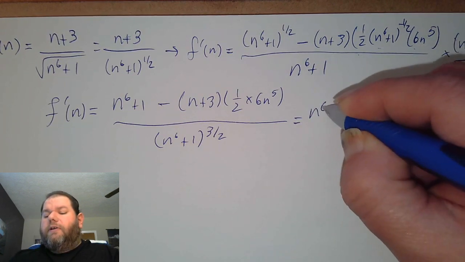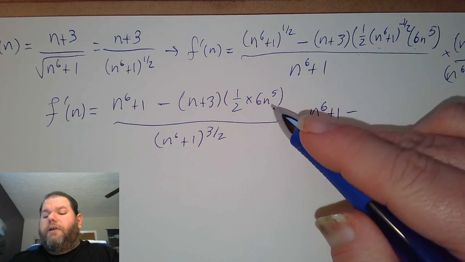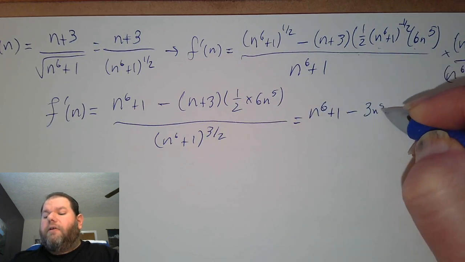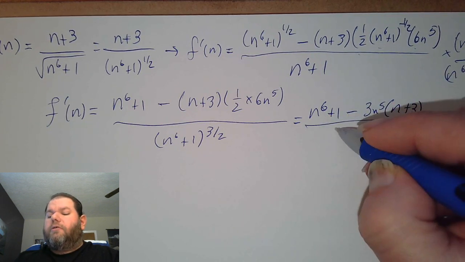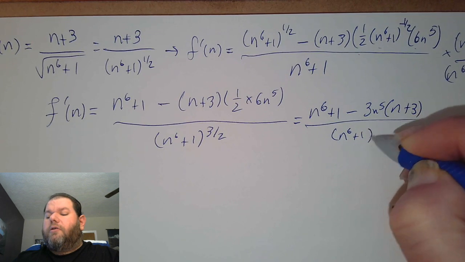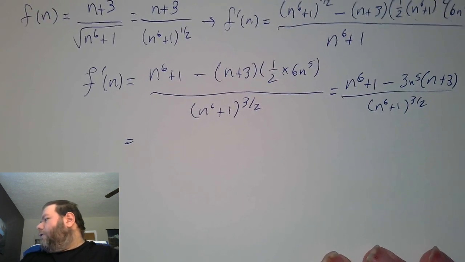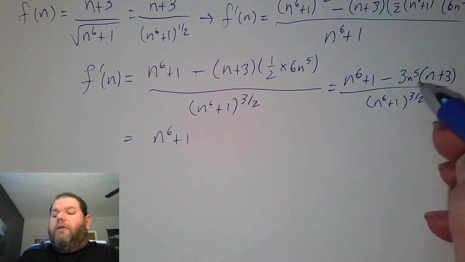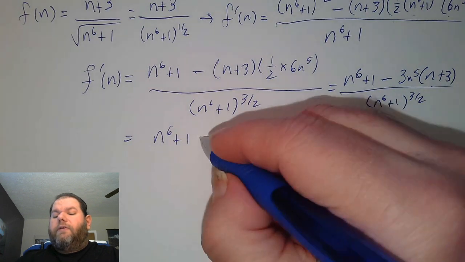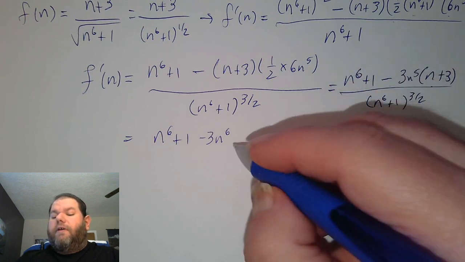So we get n to the 6 plus 1 minus 3n to the 5th distributed to n plus 3. That's going to give us n to the 6 plus 1 minus 3n to the 6 minus 9n to the 5th.